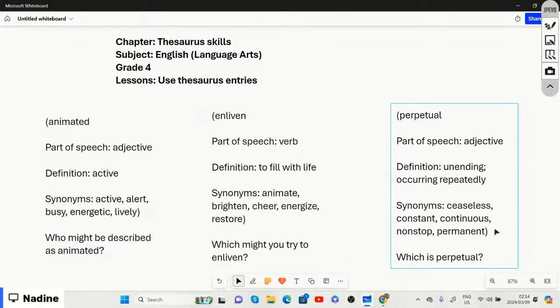And the definition is unending, occurring repeatedly.